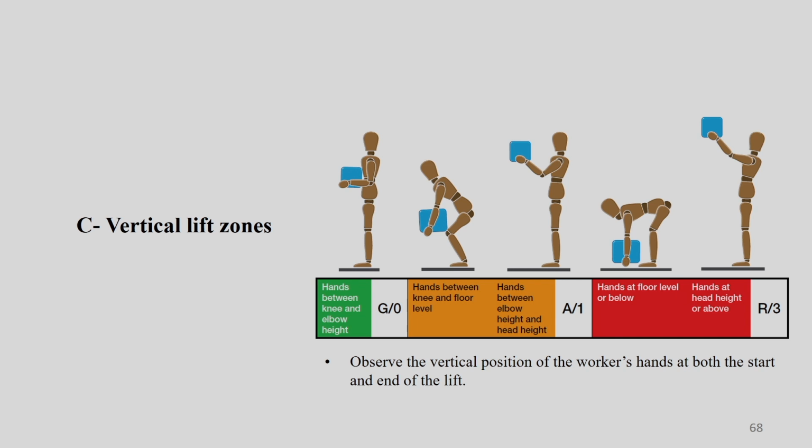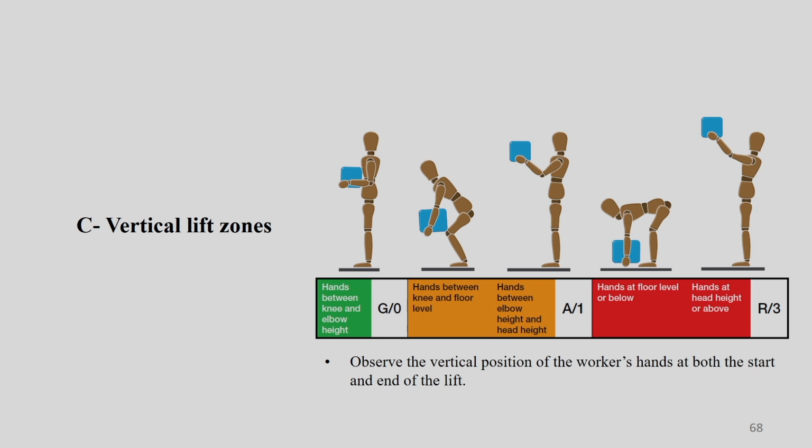Where it was and where it became. So the changes. When we are talking about G, that is 0, the green zone, hands are between knee and elbow height. It is a comfortable position, so green is 0.